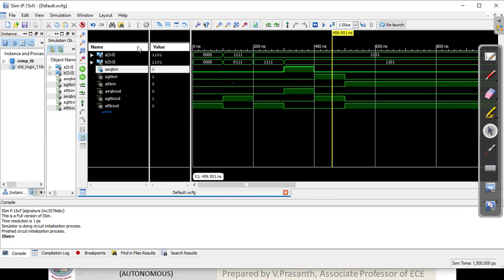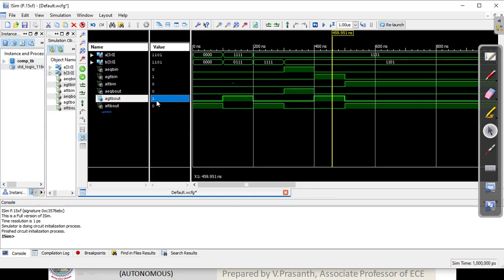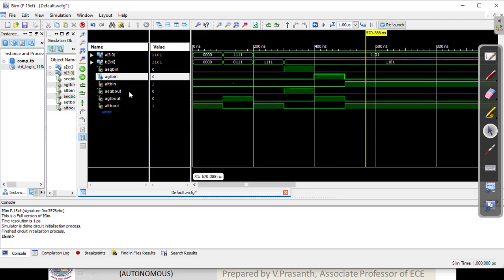If both inputs are the same but A greater than B in is active, then we will get the output as A greater than B out. If both inputs are the same and we have activated A less than B in, we will get A less than B out. When both inputs are the same, depending upon the control input, we will get the output.